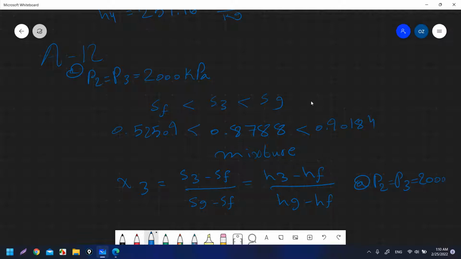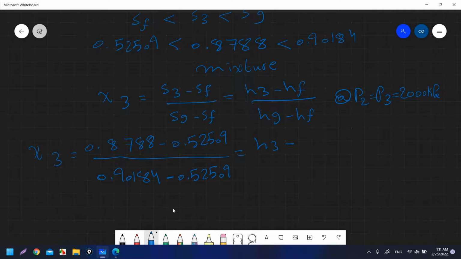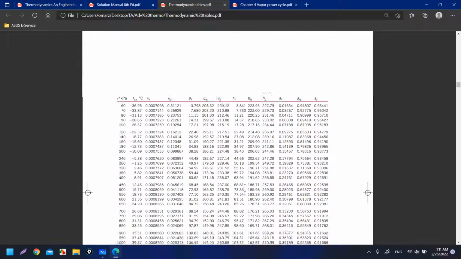So X3 is equal to S3, 0.8788, minus SF, 0.52509, over SG, 0.90184, minus SF, 0.52509, and I want to find H3, with HF and HG also from P2 equal to P3, 2000 kilopascal.